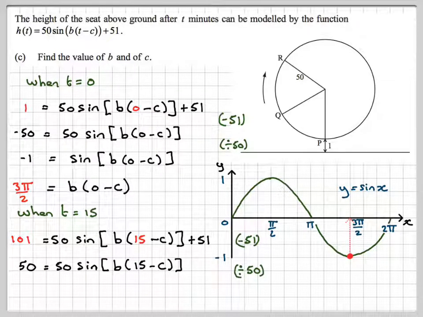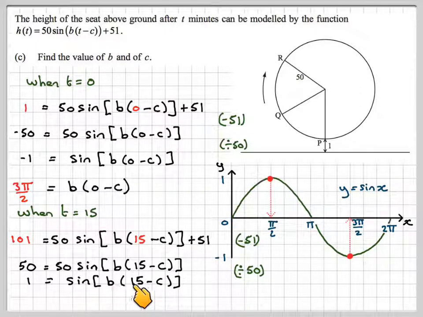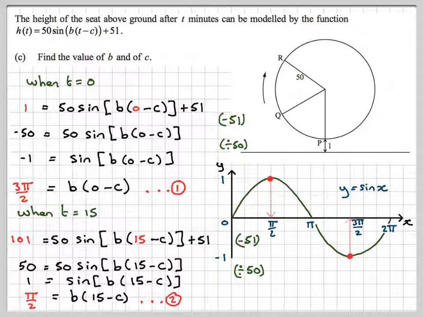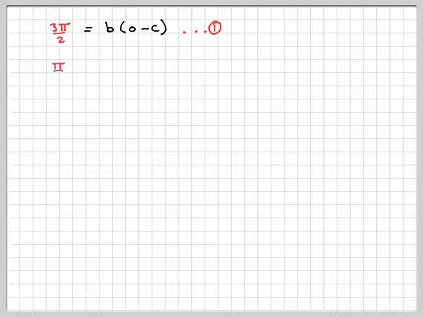Dividing by 50, we're going to get that 1 is equal to sine b 15 minus c. Where is this equal to 1? Well, it's going to be this angle here. So all of this must be equal to pi by 2. So therefore we have pi by 2 is equal to b brackets 15 minus c. So we've got 2 equations, that's equation 1 and equation 2, and then we're going to solve them simultaneously.